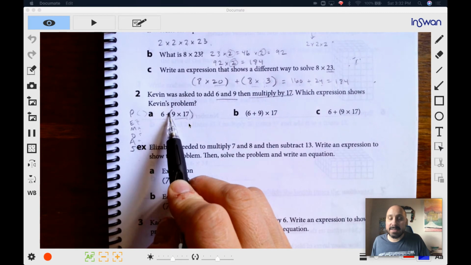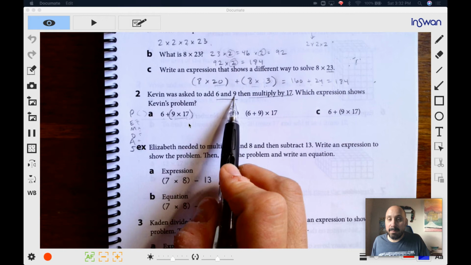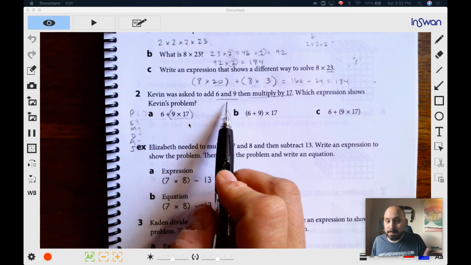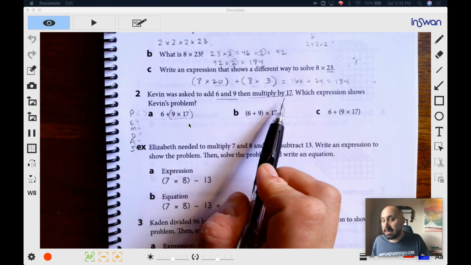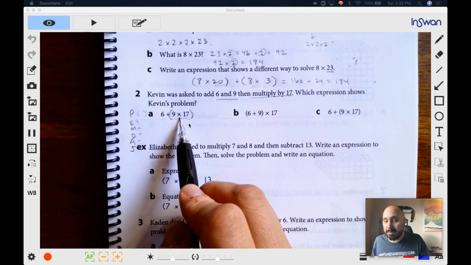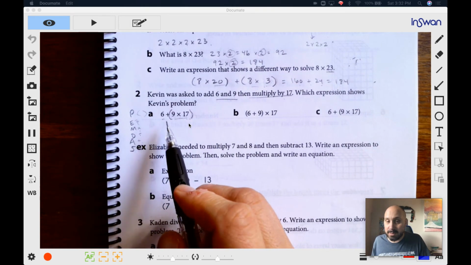But Kevin was asked to add the 6 and the 9 first, then multiply by 17. And it's going to be a totally different answer because 6 plus 9 is 15, and then 15 times 17 is the answer. But this one would be 9 times 17 plus just 6. So that's going to be a totally different answer.